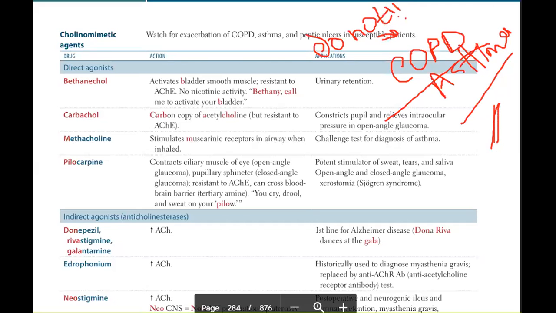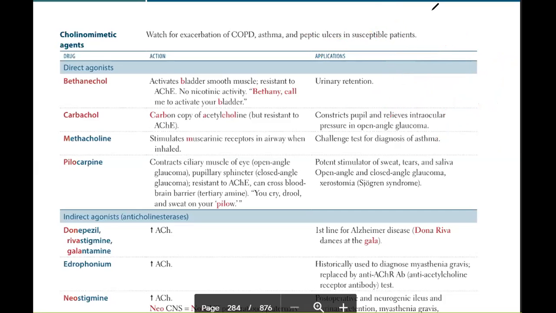So if you give this drug to them, it will cause more bronchoconstriction, and the patient will die. So these are the contraindications.